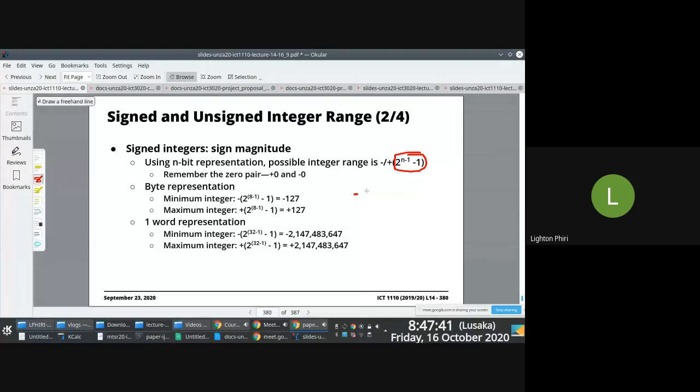The lowest number is going to be negative 2 to the power, it's 3-bit representation, so 2 to the power 3 minus 1, minus 1. Effectively, the lowest integer that can be represented using sign magnitude with 3-bit representation is going to be negative 2 to the power 2 minus 1.